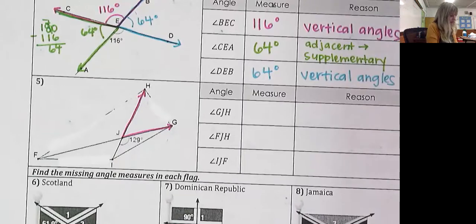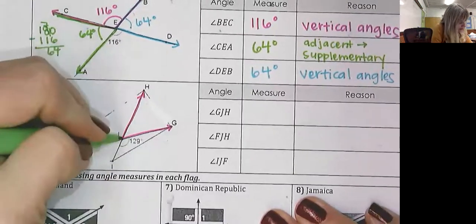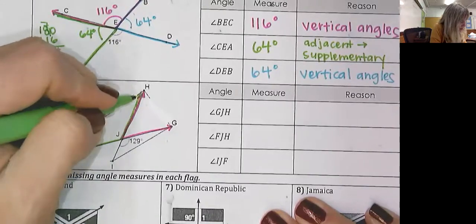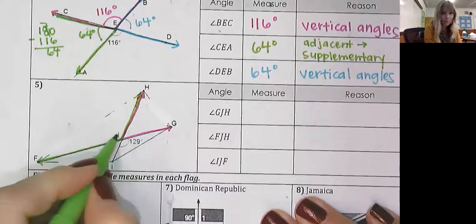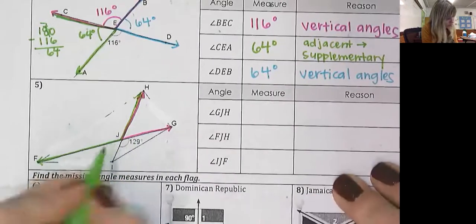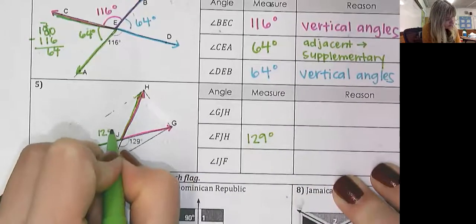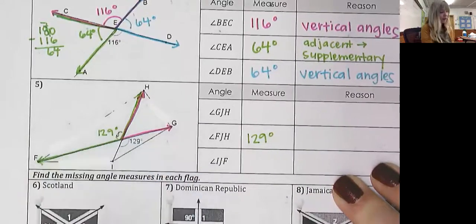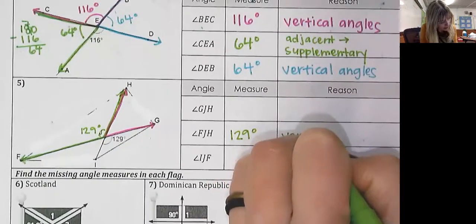What if I find FJH first? That one is adjacent to the pink one, but more importantly, it is vertical. I find it easier to find the congruent ones first because I just get to match them, right? So this one I found from vertical angles.